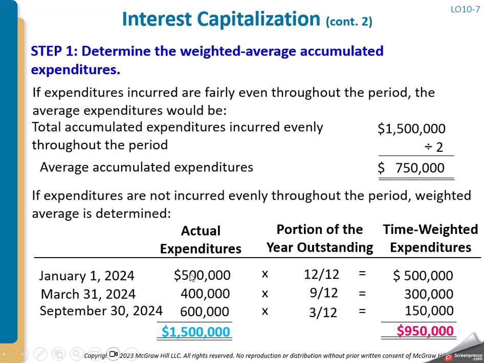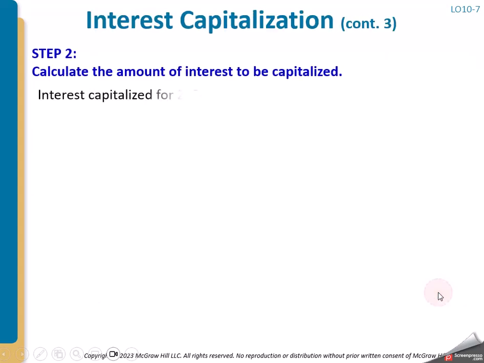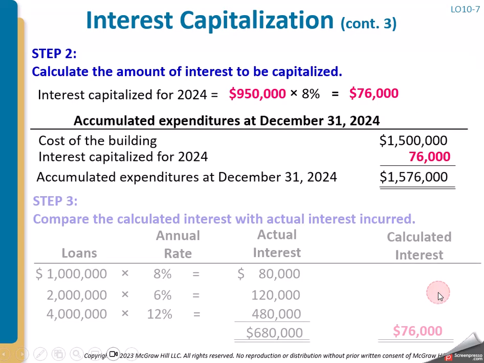So we spent $500,000, and that was outstanding for the whole year. Then another $400,000 was outstanding for 9 months out of the 12, and then $600,000 for 3 months out of the 12. Then we multiply those out and add them together. That's our weighted average of those expenditures that we would be allowed to calculate interest on.